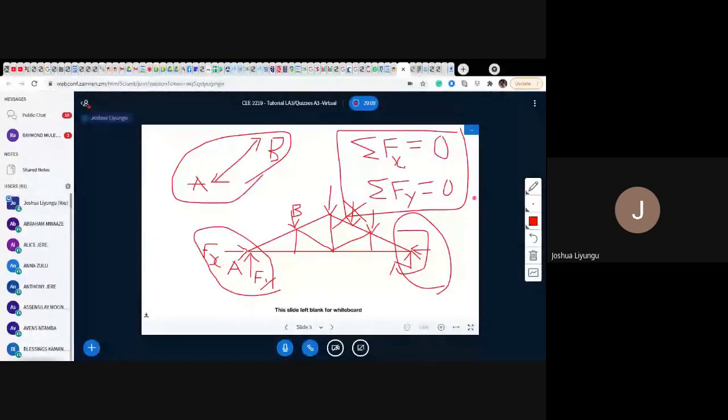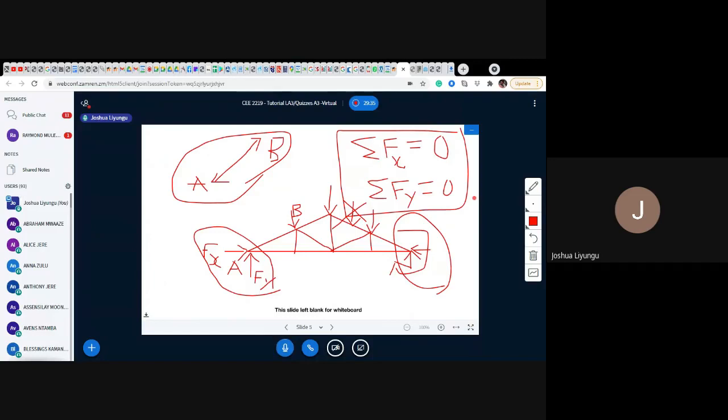Then I also mentioned, if the force is unknown, how are you going to know the direction? Is it going to be going left, right, up, down? Is it going to be C or T?